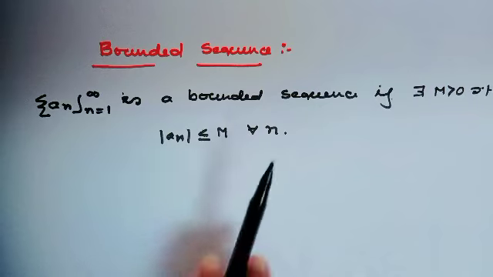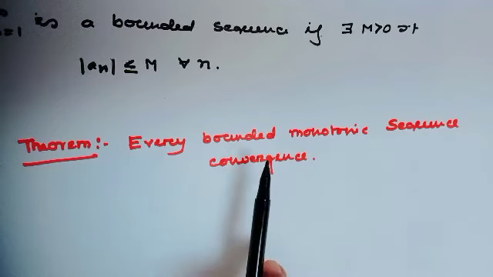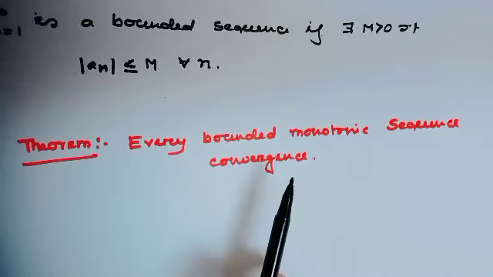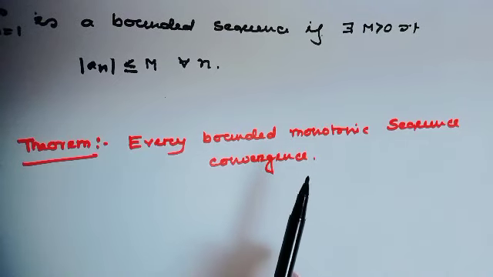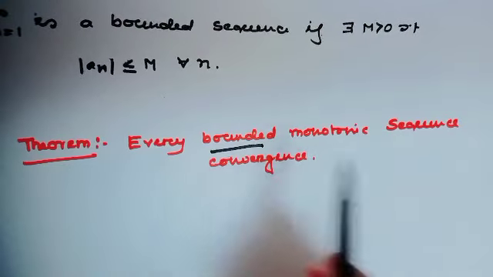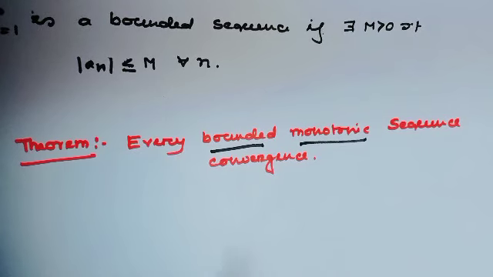Okay? Alright. Then we have a theorem. Every bounded monotonic sequence is convergent. That means if a sequence has two properties, bounded and monotonic, then the sequence must be convergent. And obviously, if a sequence is monotonic, that means the sequence is either increasing or decreasing.